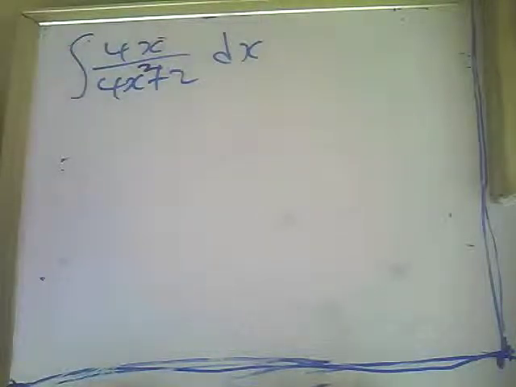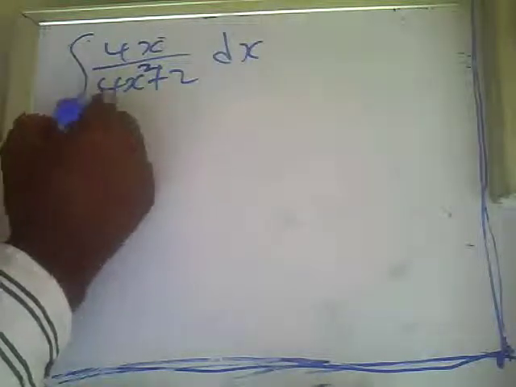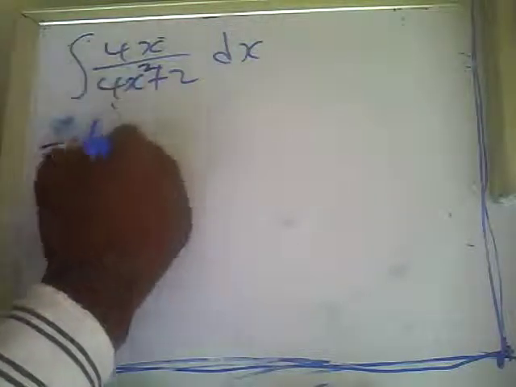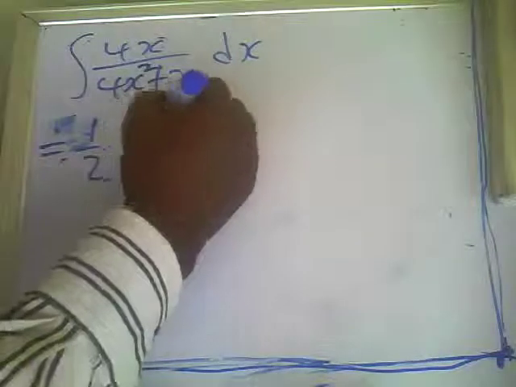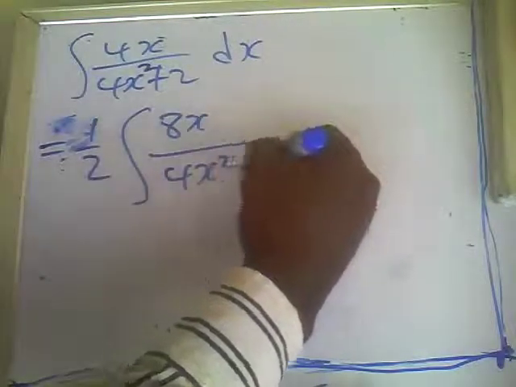So what are we going to do here? It's a very simple thing. We have to introduce 1 over 2. This is the same thing as 1 over 2 times the integral of 8x over 4x squared plus 2 dx.